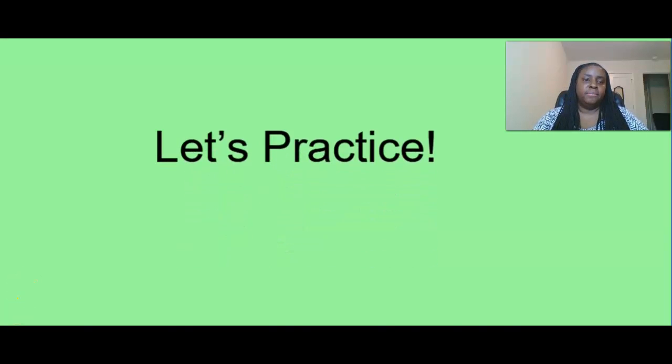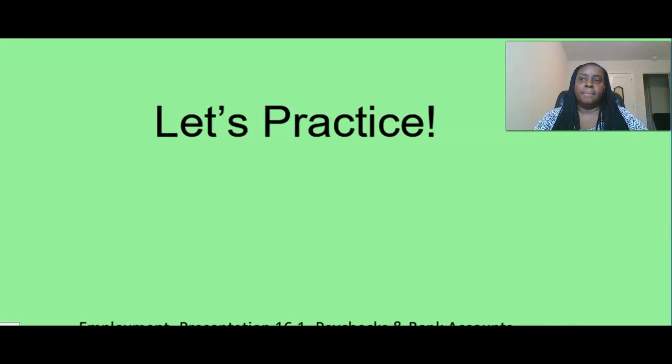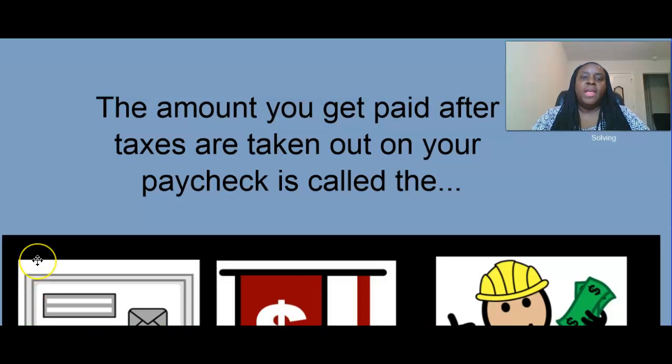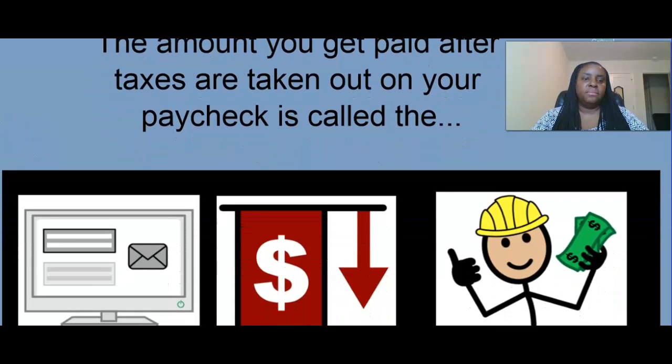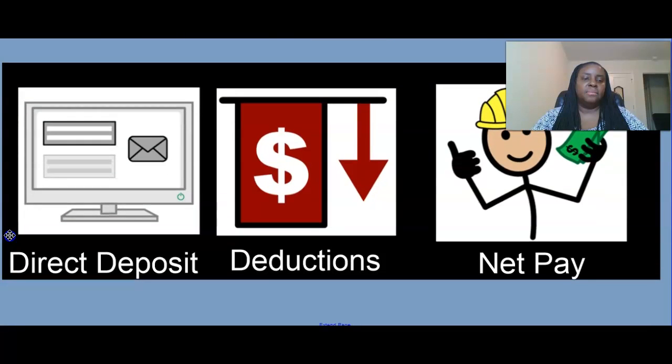Let's practice. First question. The amount you get paid after taxes are taken out of your paycheck is called, is it called direct deposit? Is it called deductions? Or is it called net pay?